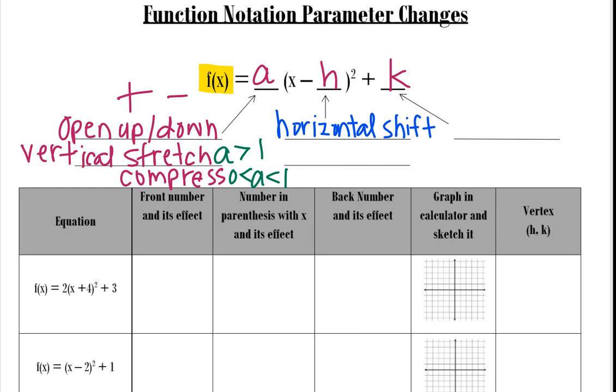Horizontal means it's either moving to the left or it's moving to the right. And because this equation has a minus inside of it, we need to think opposite whenever we're doing horizontal shift.